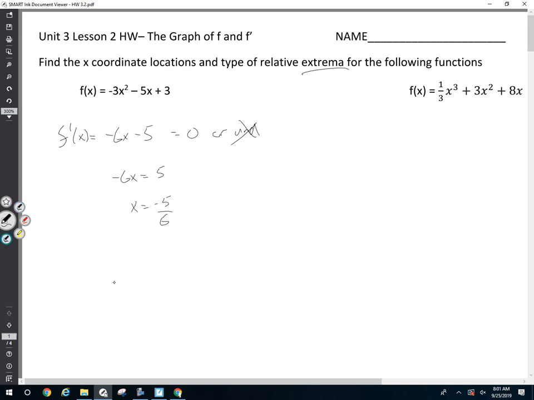And then comes the new step of doing an analysis of the signs of f prime. So at negative 5/6, I had a 0. Typically, we go back into our factored form, but there's no real factored form, so we'll go back into the negative 6x plus 5, and I'll pick a test point, knowing that since I have a 0, 0 separates negatives from positives.